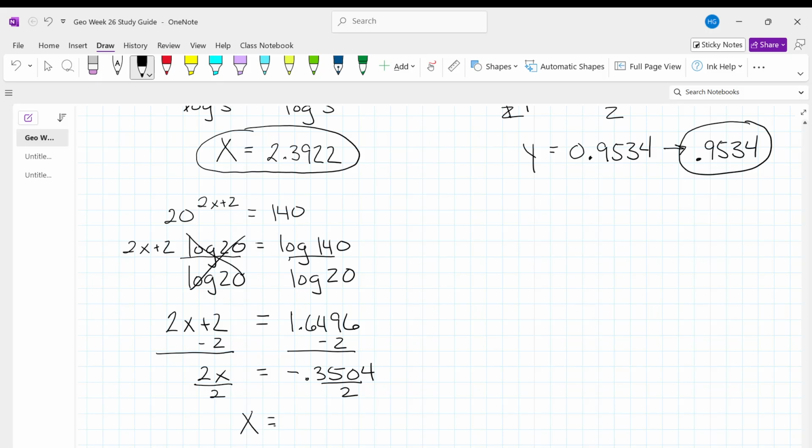So our x is equal to negative 0.1752. Any questions yet?